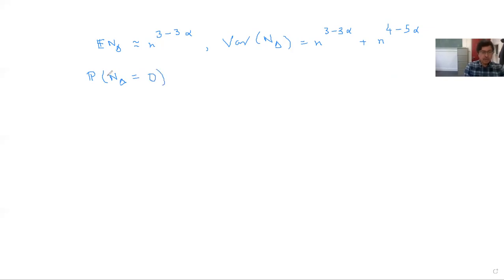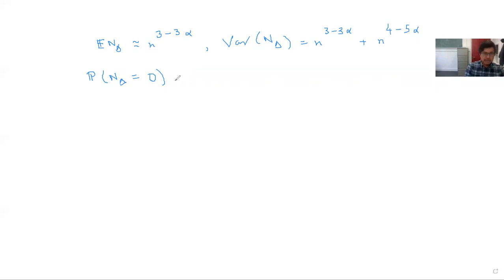Now we want to show that the probability of at least one triangle is going to 1, or equivalently, we want to show the probability of no triangles is going to 0 if alpha is smaller than 1. We are going to look at alpha smaller than 1, and we want to show that this probability goes to 0. And so we want an upper bound on this probability. And we are going to get that from Chebyshev's inequality.